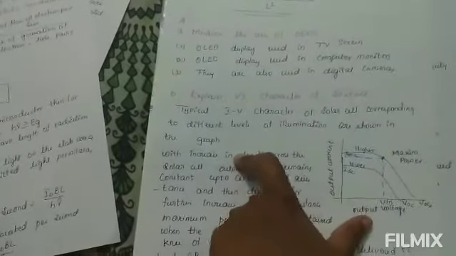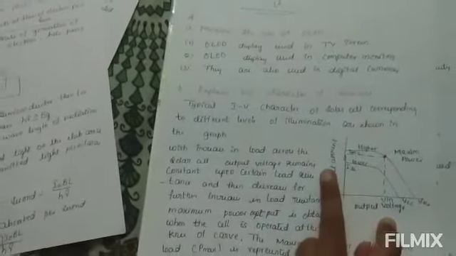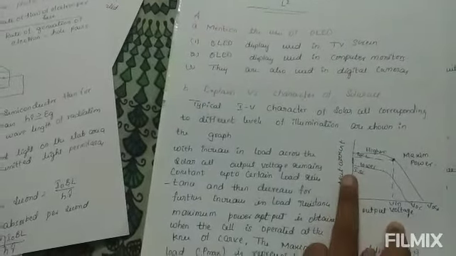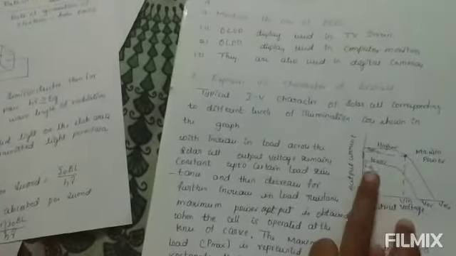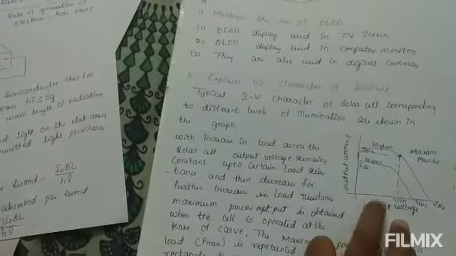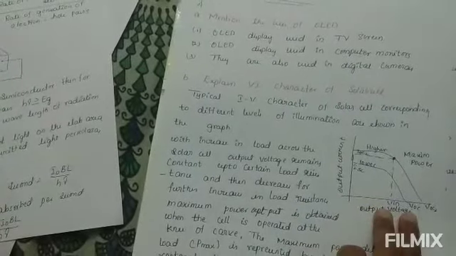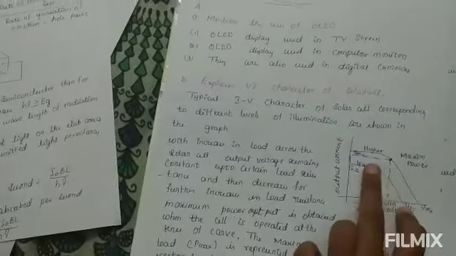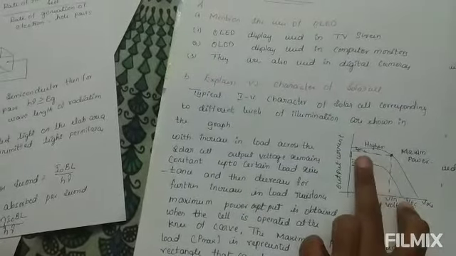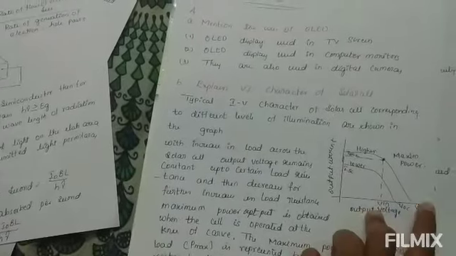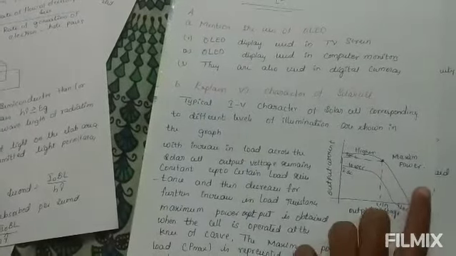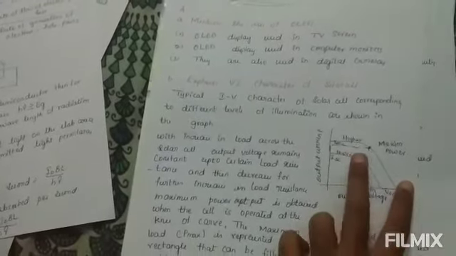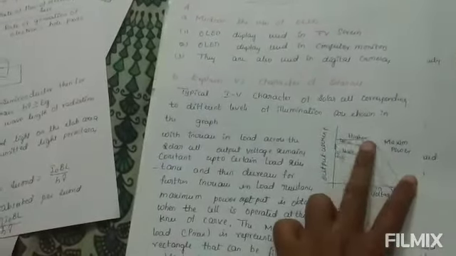If you take the voltage along the x-axis and the current along the y-axis, so if you increase the voltage, the current will also go on increasing and comes to a constant value. If you again increase the voltage, the current again comes to a constant value. After some time it will move to the maximum and become constant.